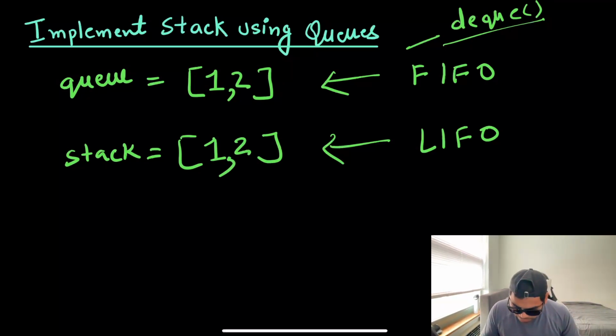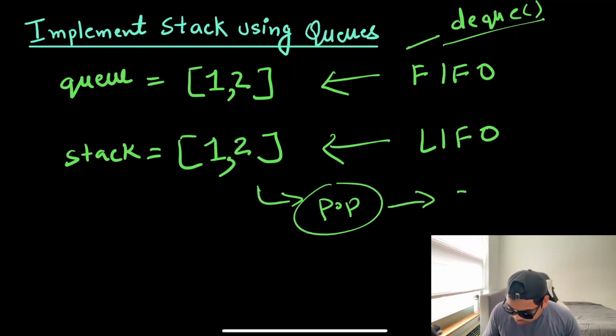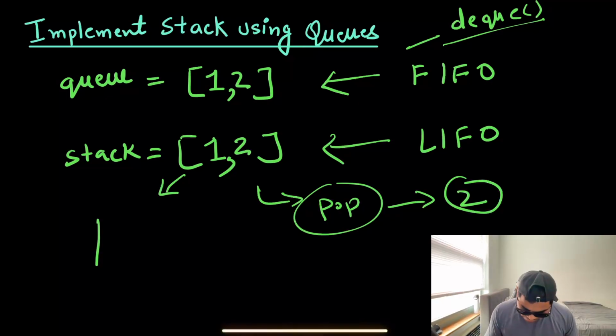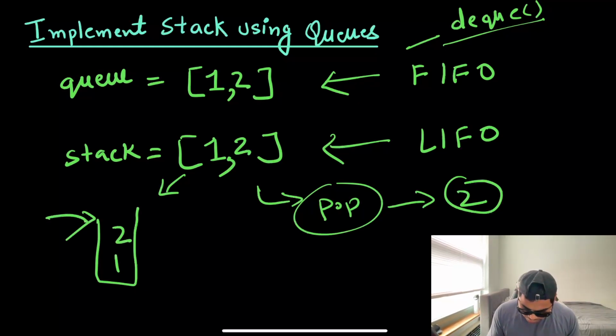Now if I'm popping out something, this stack will return 2 because that is on the top of the stack. So this could also be represented as a regular stack, which is pushing 1 and then pushing 2. And now if I have to peek or top, the top is right here.